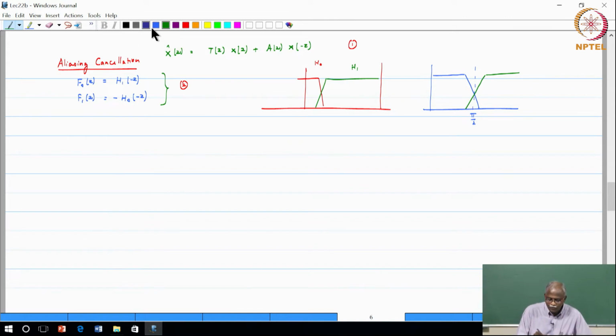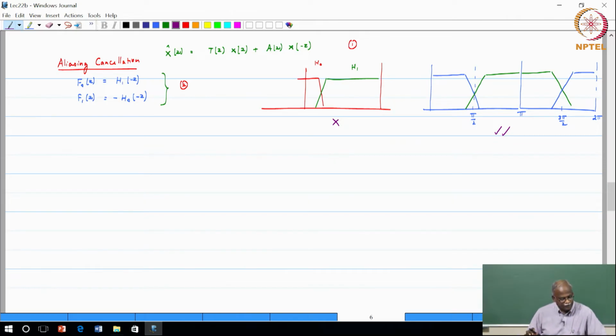What we observe through intuition is that this is pi, and if you draw the full form, it goes all the way to 3 pi by 2, and then the other image of H naught also shows up. Here we have 2 pi. So, this is not a desirable form; this would be the desirable way. You would like to have the filters cross over at a convenient point.